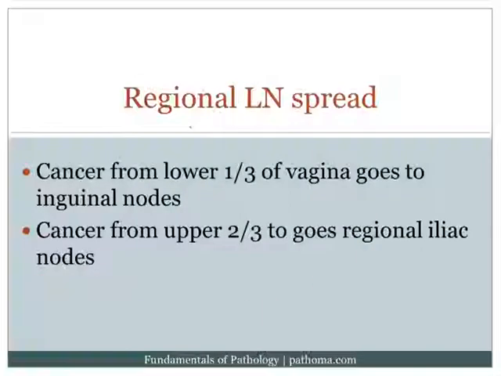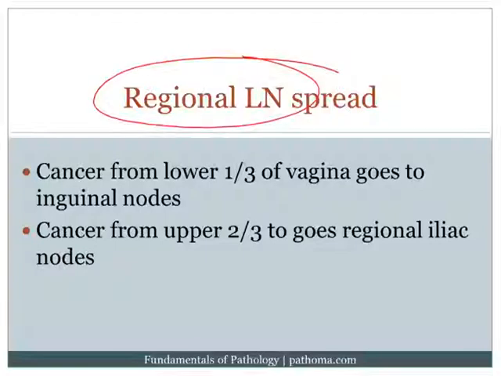Now, one important thing to note is that patients who get vaginal carcinoma that eventually invades and spreads will get spread to regional lymph nodes, as, again, carcinomas generally go to regional lymph nodes. But what you need to know, and what's particularly high yield here, is that because the vagina is derived from two different sources, depending on where the cancer is, the spread will be to two different sets of lymph nodes.